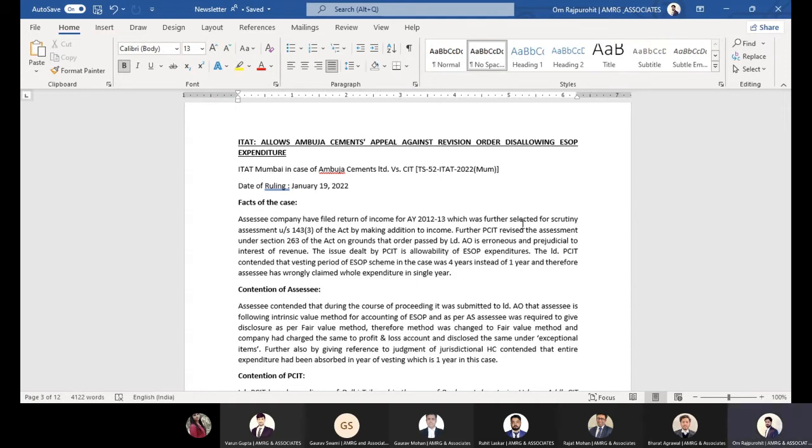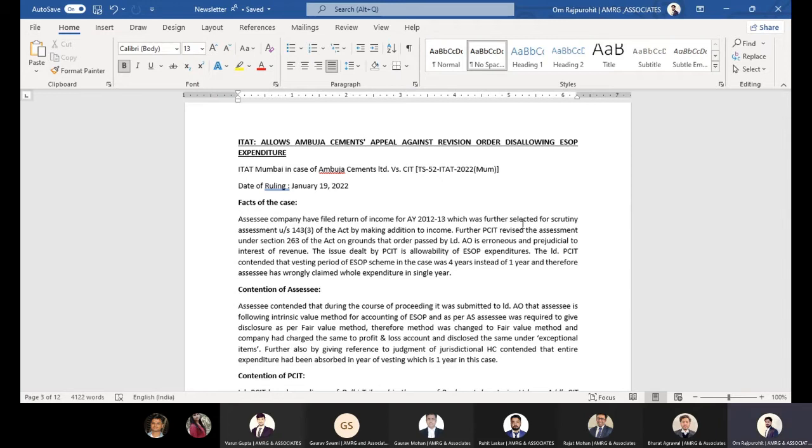The main issue selected by the PCIT was with respect to ESOP expenditure. PCIT contended that since the vesting period in this ESOP scheme is 4 years, but the SSC has taken the benefit of the whole expenditure in 1 year, the SSC has wrongly claimed the expenditure in a single year.